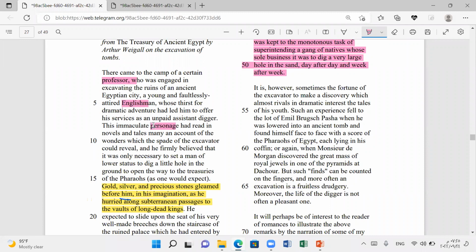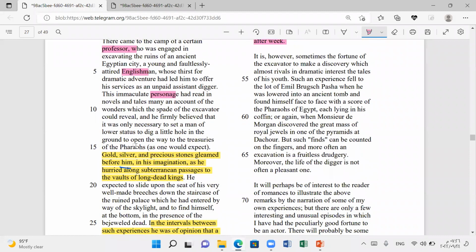So he volunteered to go on a certain mission as an unpaid assistant digger in order to find out about these treasuries. So gold, silver, precious stones. Now I came to understand why this sentence has gold, silver, and precious stones. They are referring to the treasuries.